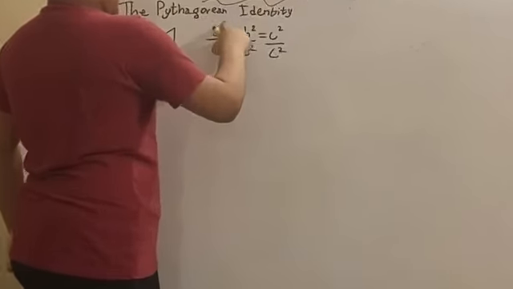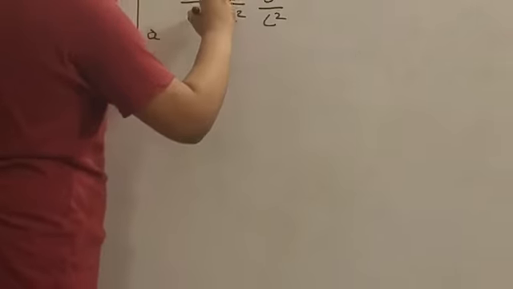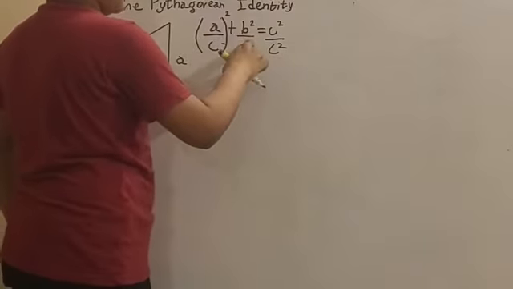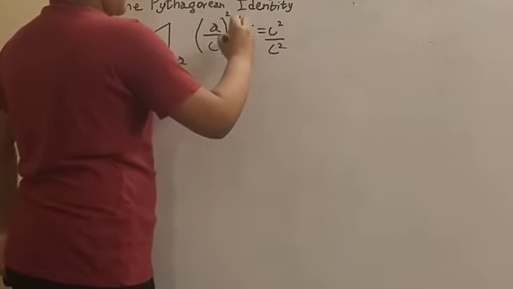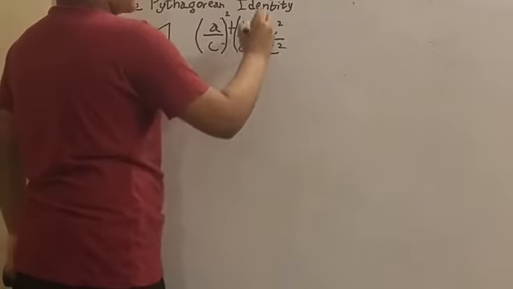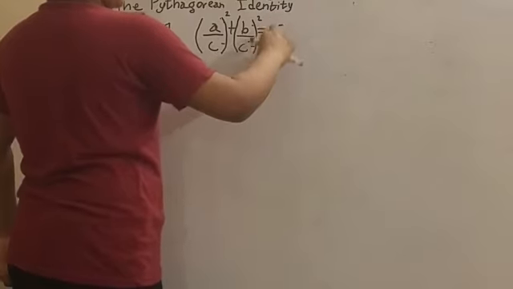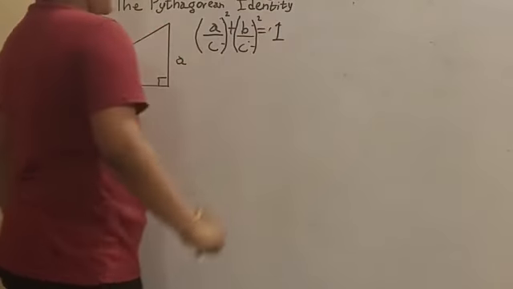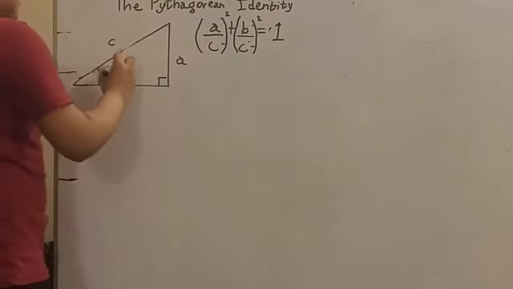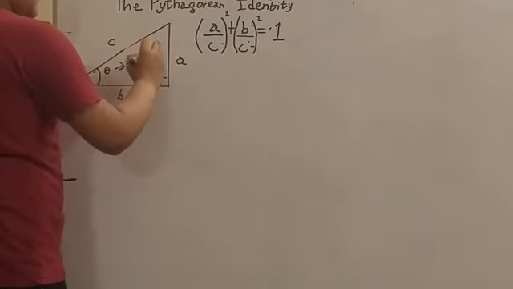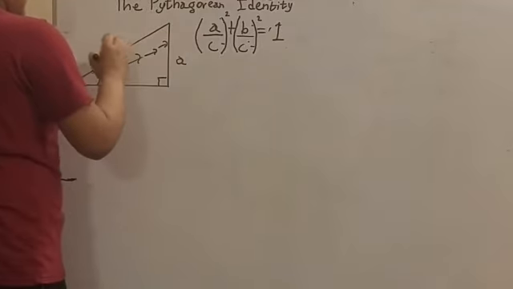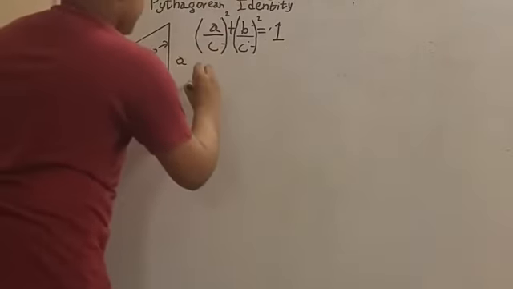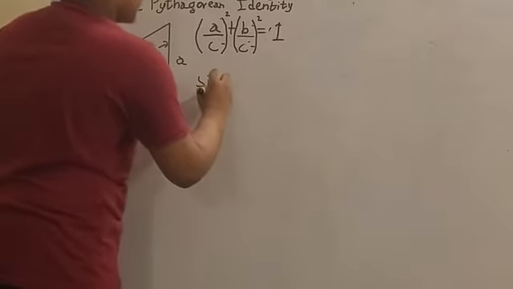So, it would be a over c whole square plus b over c whole square equals 1. And since this is the opposite and this is the hypotenuse, we can use this as sine of theta squared.